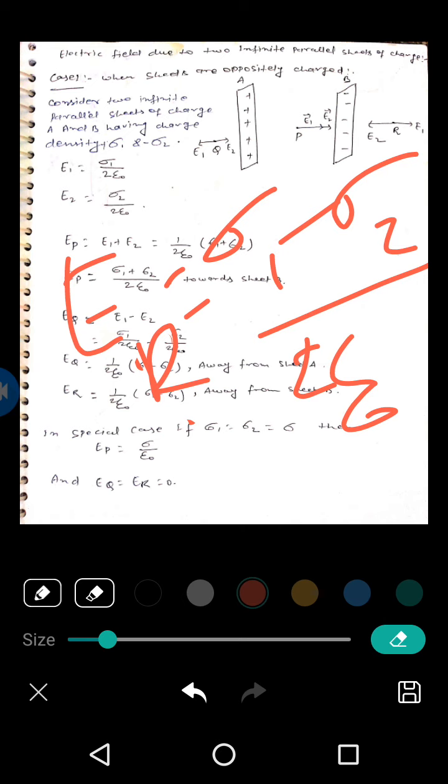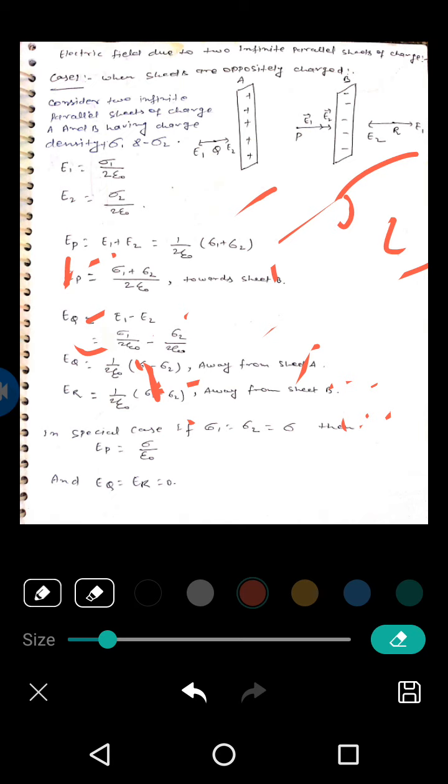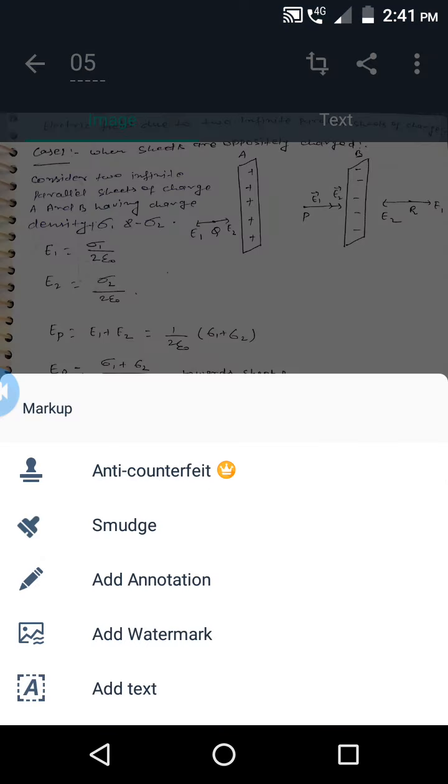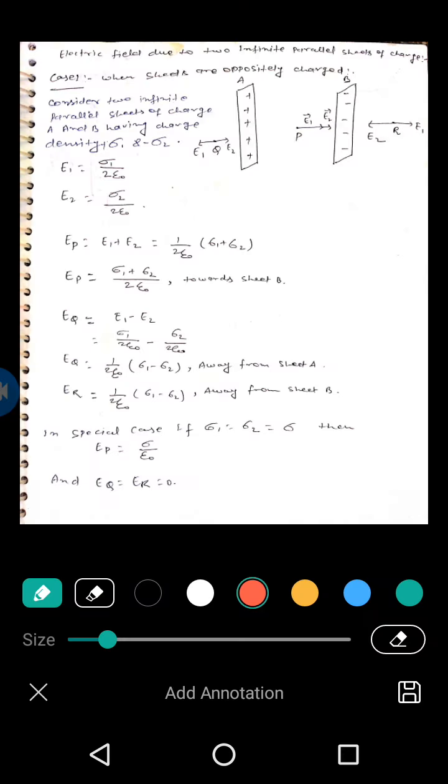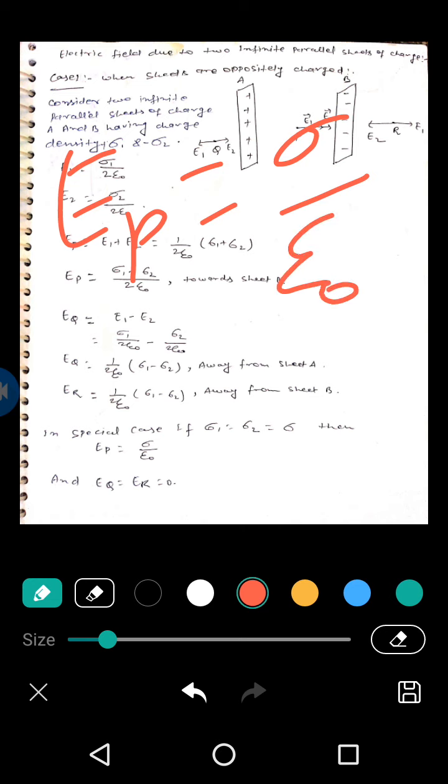Here, if it is given that sigma 1 equals sigma 2, that is, the surface charge densities on the two sheets are equal, then EP equals sigma upon epsilon naught, and EQ equals ER, which equals 0.